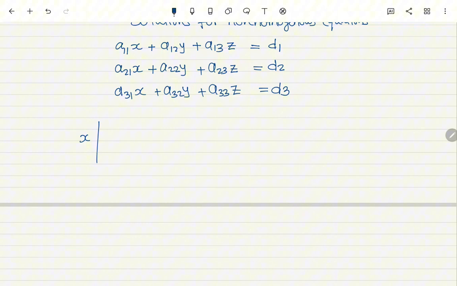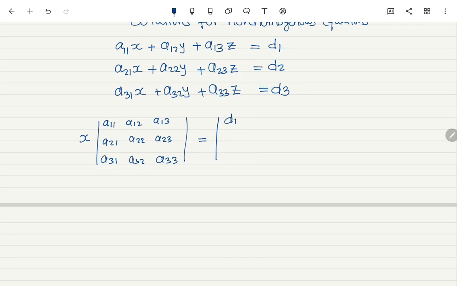X multiplied by the coefficients a11, a12, a13, a21, a22, a23, a31, a32, a33, and this equals the determinant here.